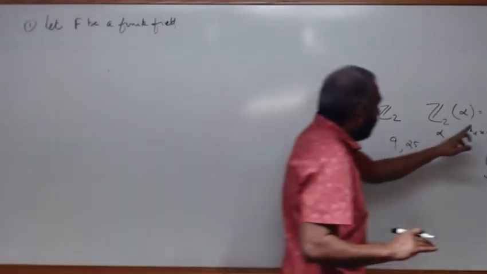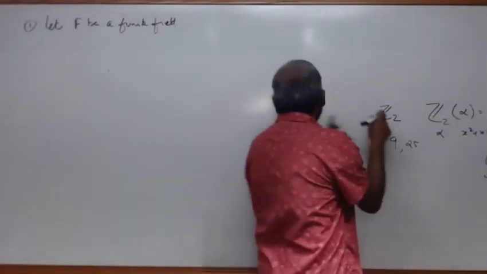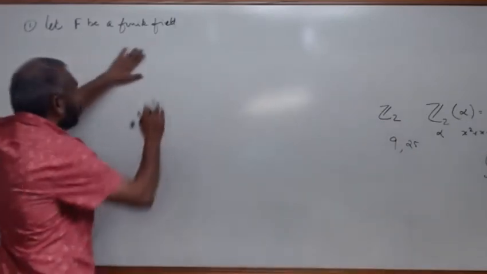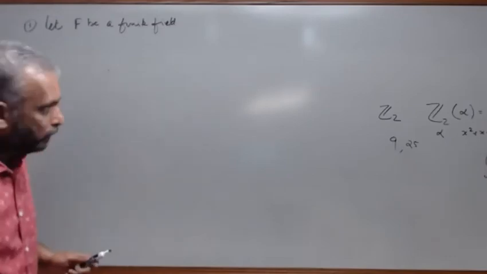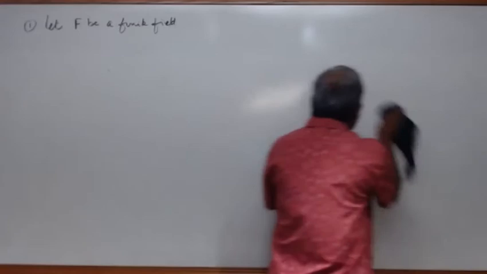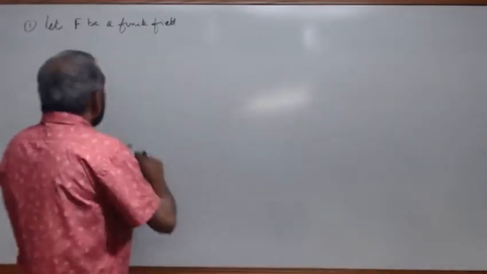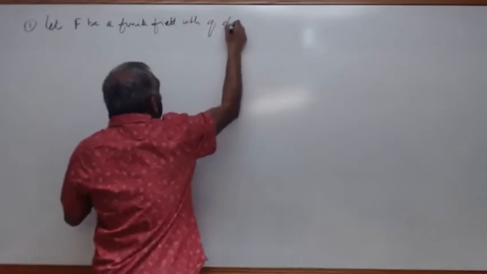Here, when we constructed the field of 4 elements, we started off with a finite field. So this is actually a general finite field, a finite field with q elements.